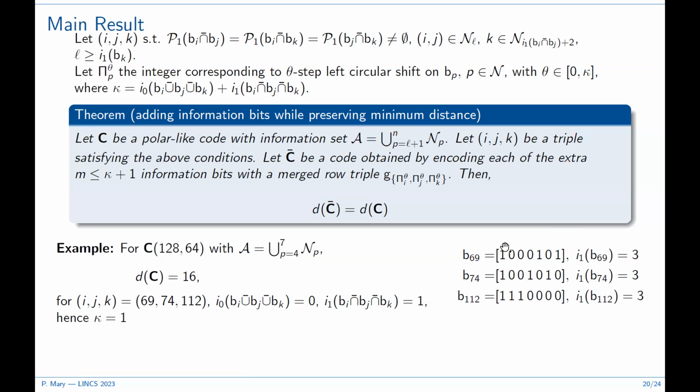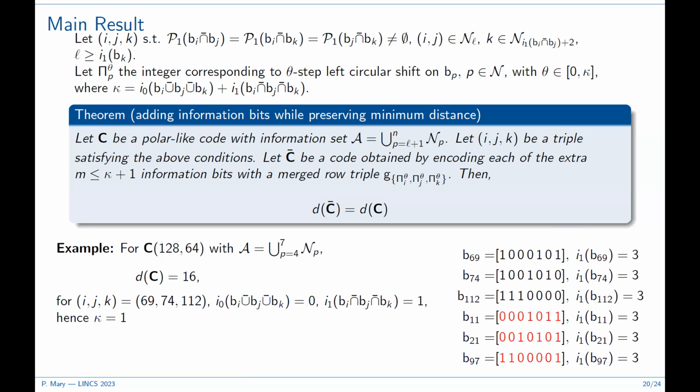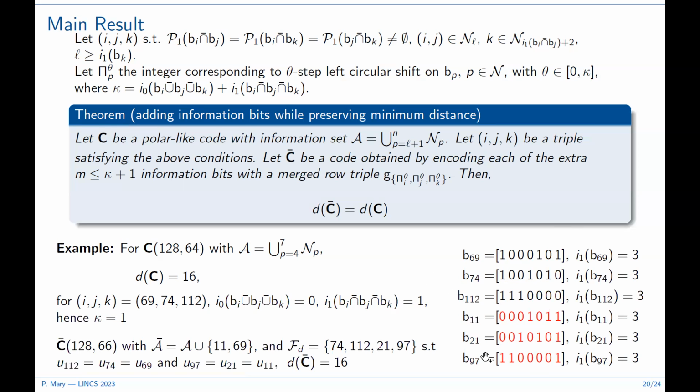This is here. So in that case, kappa equal 1. The one left circular shift of this binary representation are these. And we can construct the code 128.66, so with 2 additional bits, without sacrificing the minimum distance of the code. So that's the main result that we proved in this way.